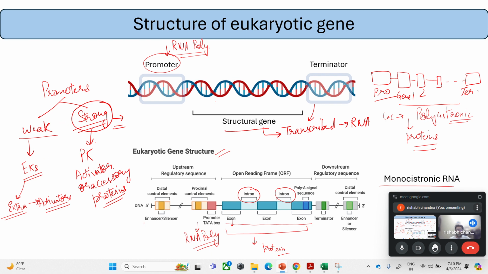So why do eukaryotes have these weak sequences and why do prokaryotes have majorly strong promoters? This has some relation with the complexity of the organism, due to which the eukaryotic promoters are weak. Do you have any questions?